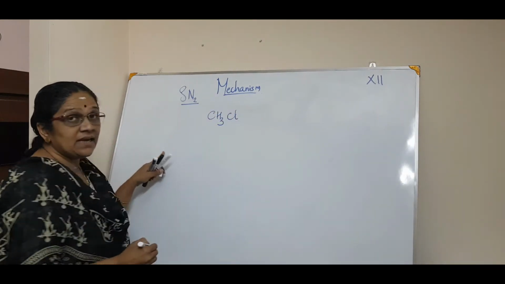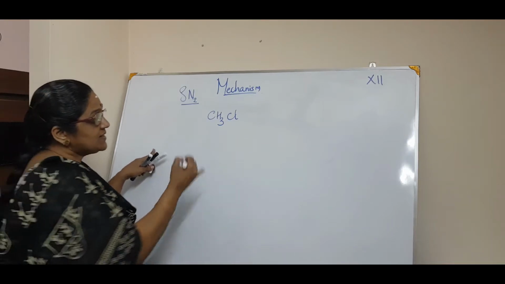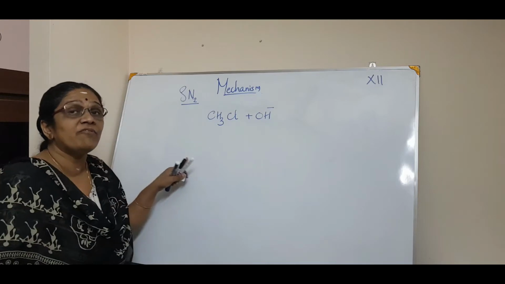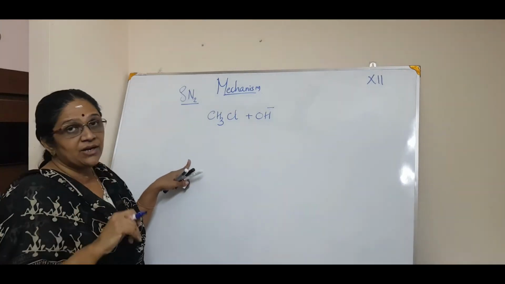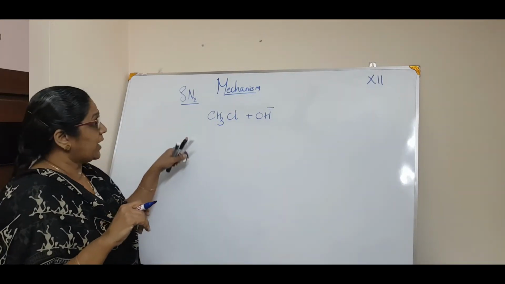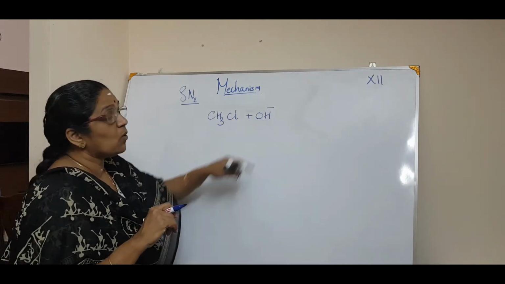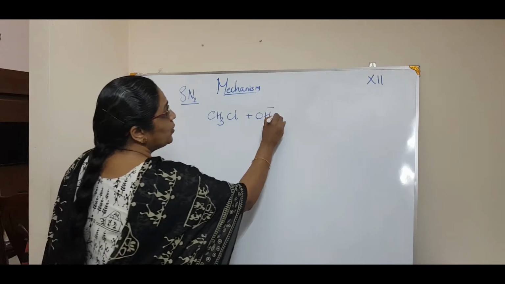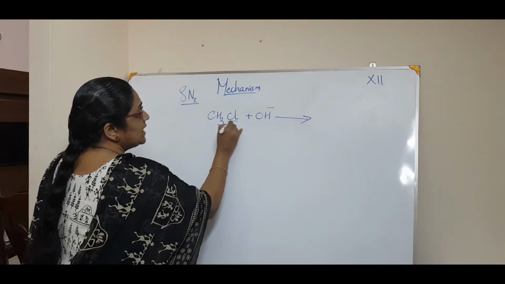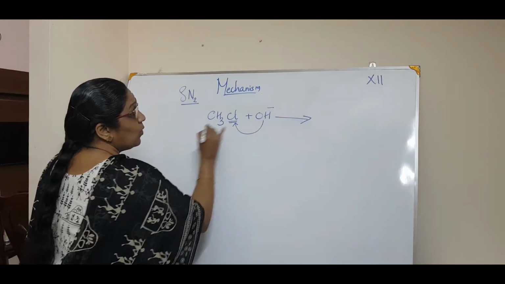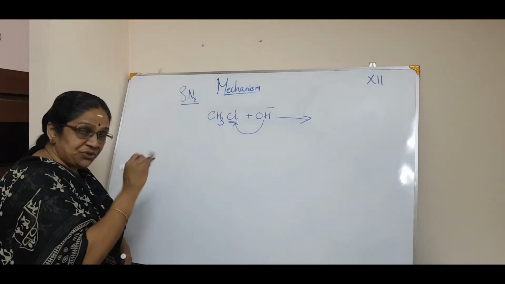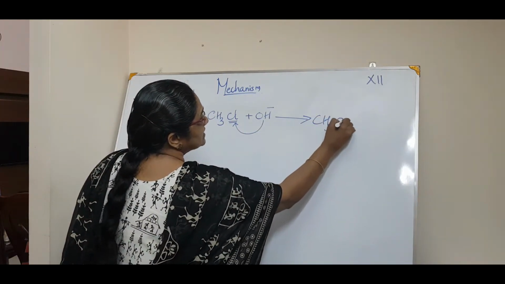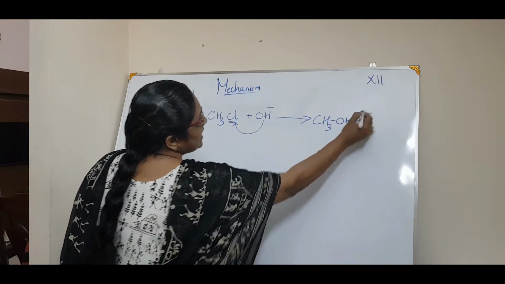For example, CH3Cl. You are studying haloalkanes, isn't it? When CH3Cl is treated with a nucleophile, hope you have written that table in your book. So when a nucleophile like OH minus attacks CH3Cl, what will you get? The Cl is replaced by OH minus, and you will get CH3OH plus Cl minus.